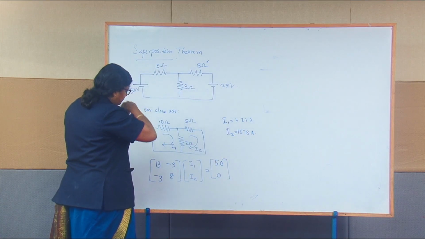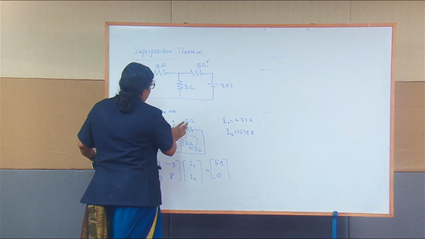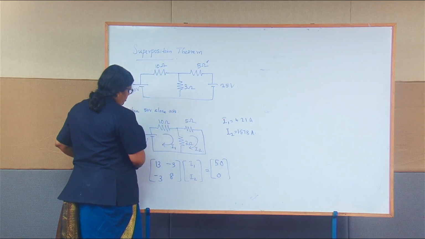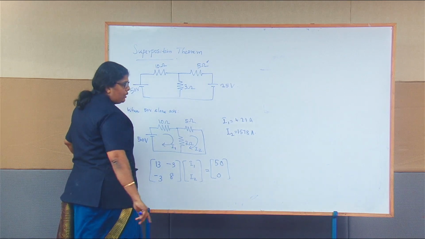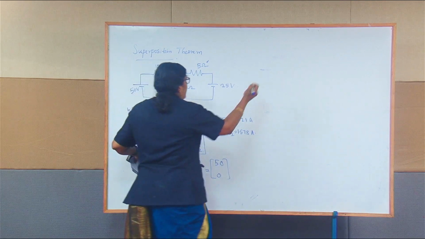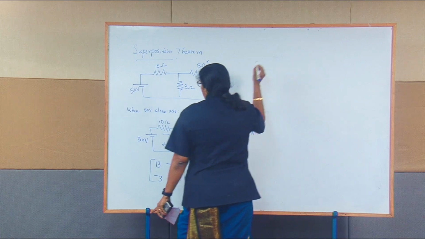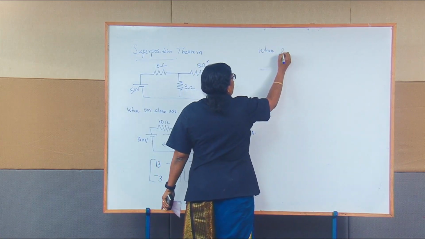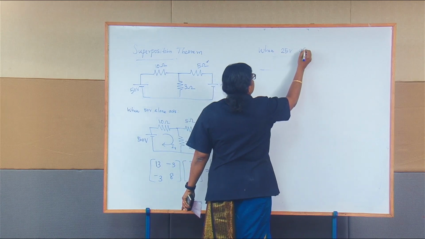So this is nothing but the current through the first loop and second loop due to the voltage 50 volts alone acting. Now the second case, when 25 volts alone acts.